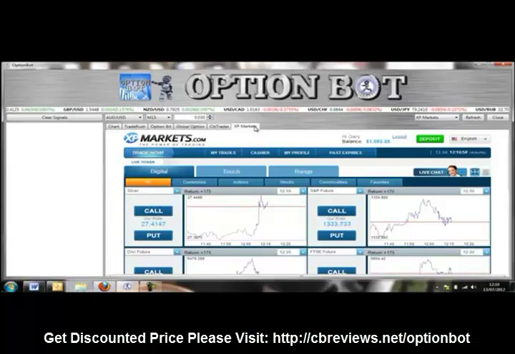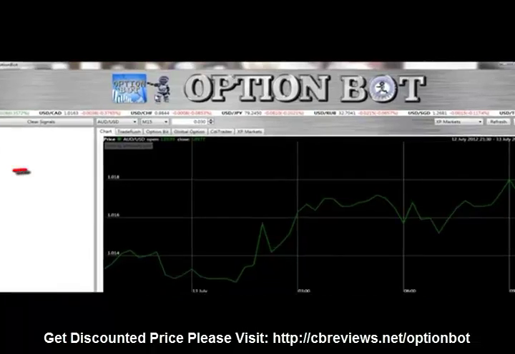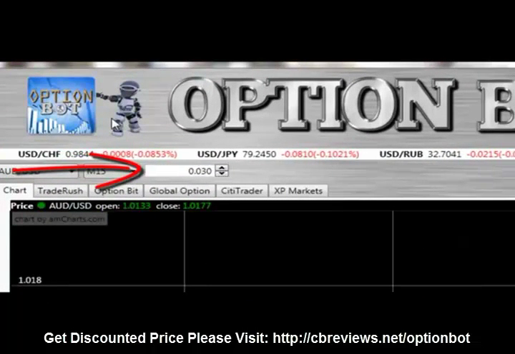So while I've been talking, the software has started analyzing data over the last 15 minutes, and it's looking for peaks and troughs, like you can see on the chart screen. Here you can set the parameter for the software to work to, and 0.030 is the equivalent to 300 pips. 300 pips is quite a large jump in currency terms.